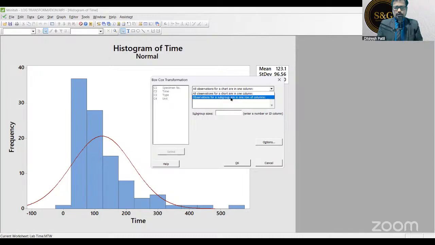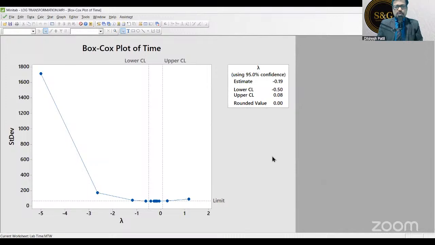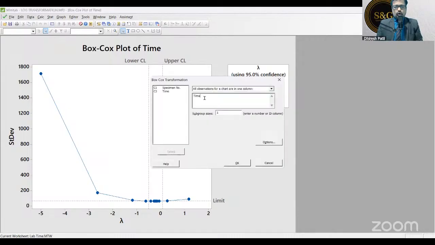In one row of the column, just type subgroup size 1. Okay, just put subgroup size as 1, and you will get this. I repeat again: go to time, select time, and in subgroup size just select 1. That means we are taking this individually. Subgroup size 1 means we are not taking a group of samples, we are just taking individual samples.